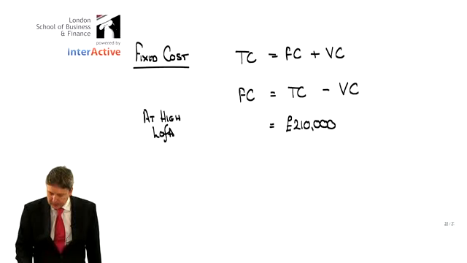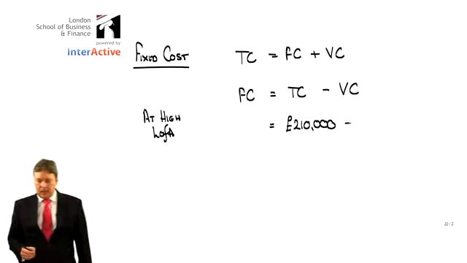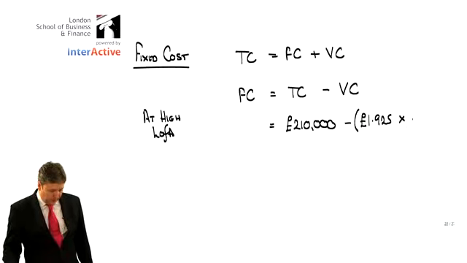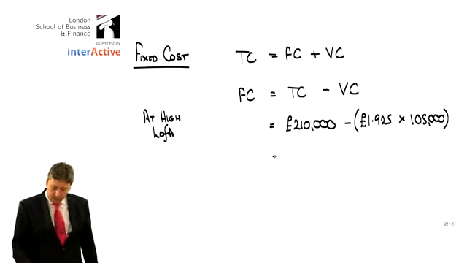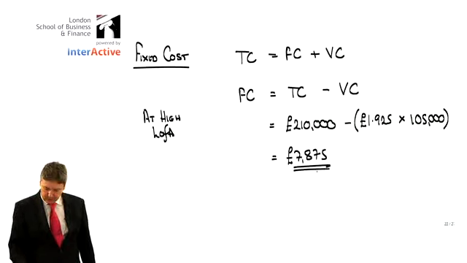We know that already. Minus, at the high level of activity, the variable cost will be 1.925 multiplied by the level of activity of 105,000. Therefore, we establish a fixed cost which is £7,875.